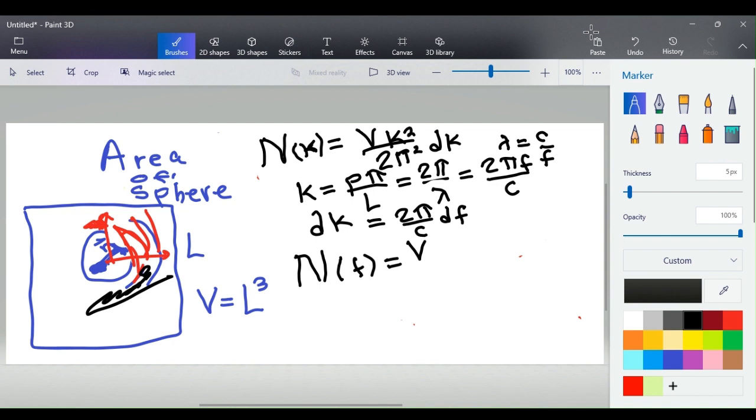K squared is going to be 2 pi f over c, and all that's going to be squared.